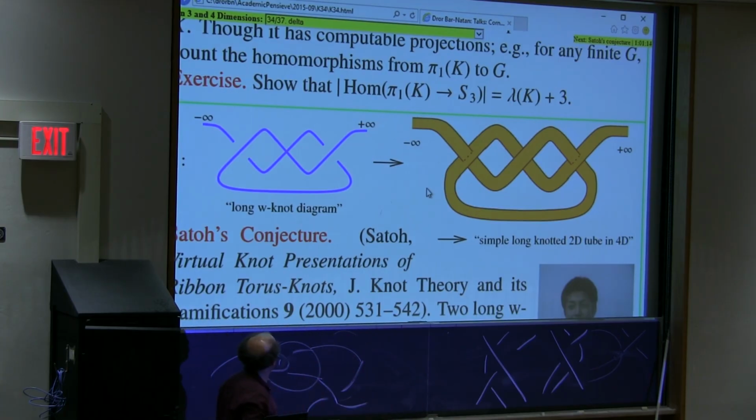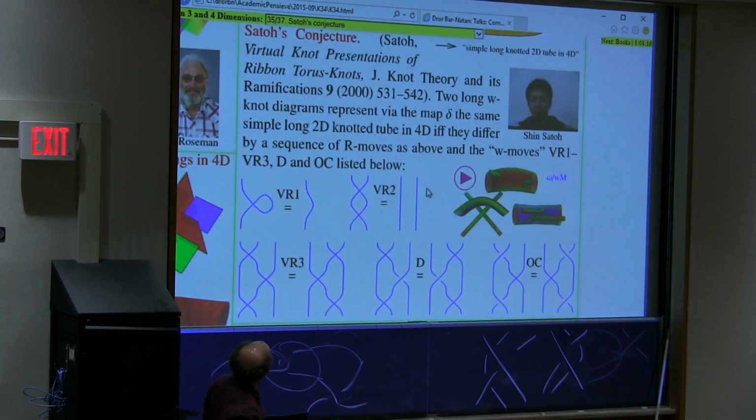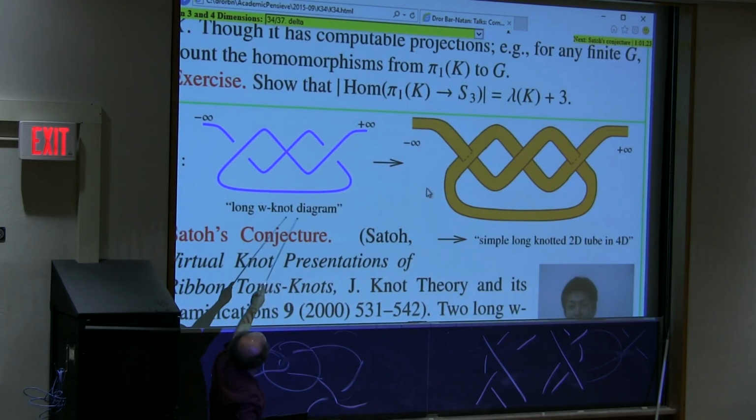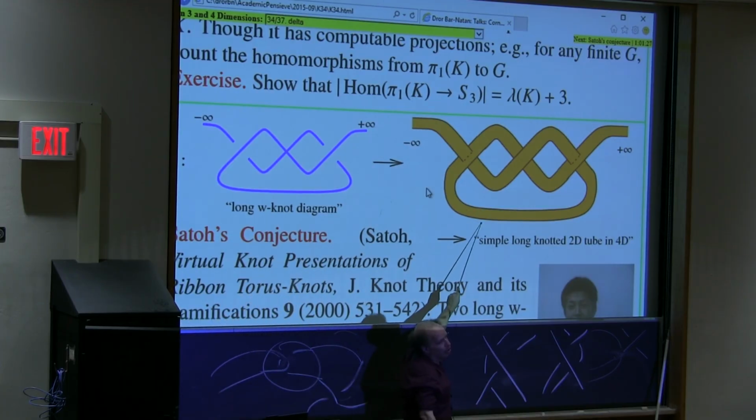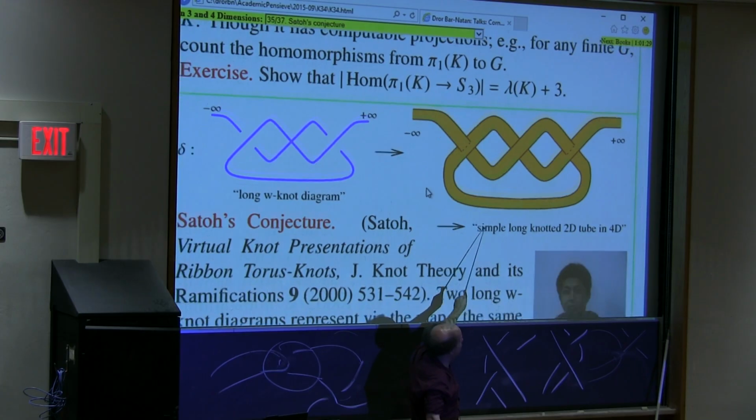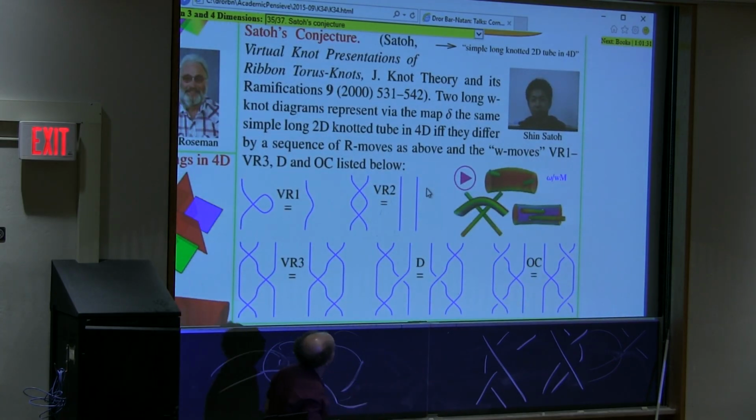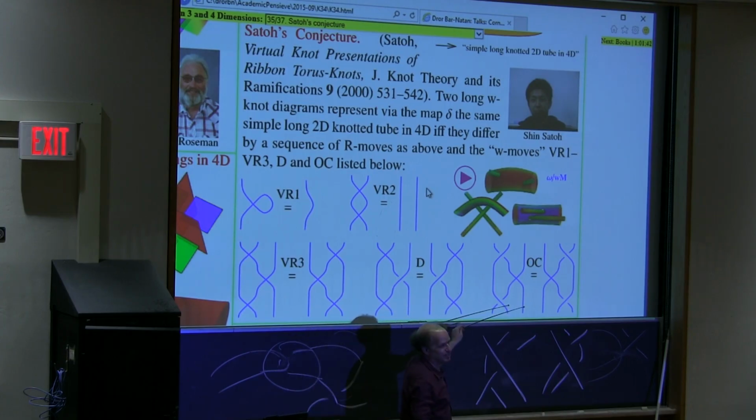Okay? So here's a conjecture. The conjecture is two such pictures represent the same knot, the same knotted tube, if and only if they differ by the Reidemeister moves from before and the following additional 5 moves.